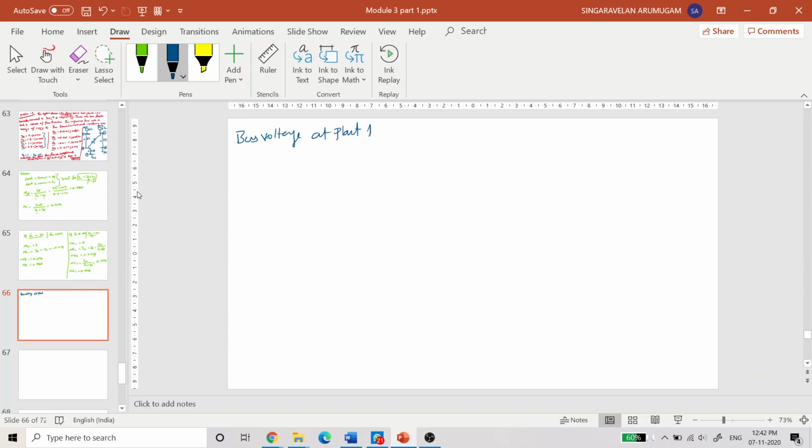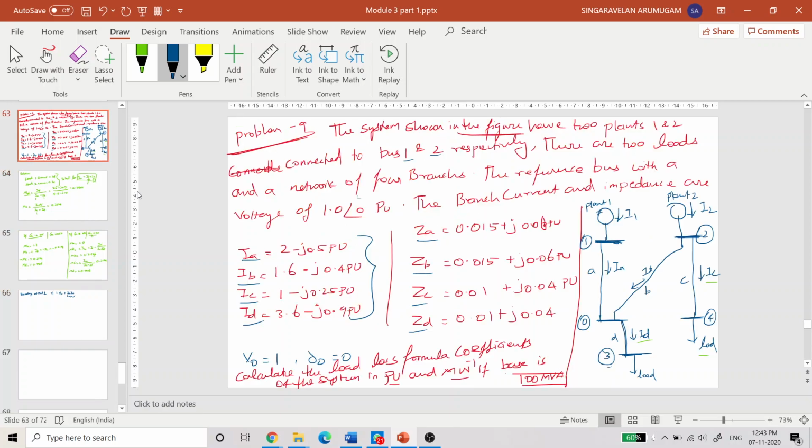So the bus voltage at plant 1 is V1 is equal to V0 plus IA ZA. This is the branch of A with the reference voltage, because we always need to refer to the diagram. Voltage 1 is the combination of the reference voltage and the voltage across this branch IA. If you add these two, I will get V1.